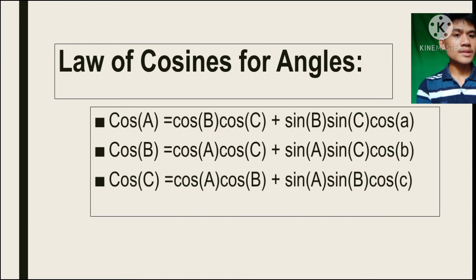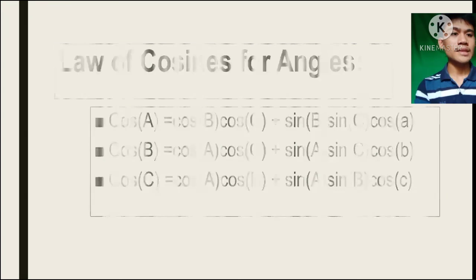Just use capital letters in each and then substitute the last part as a small letter, as in our given law of cosines for sides.